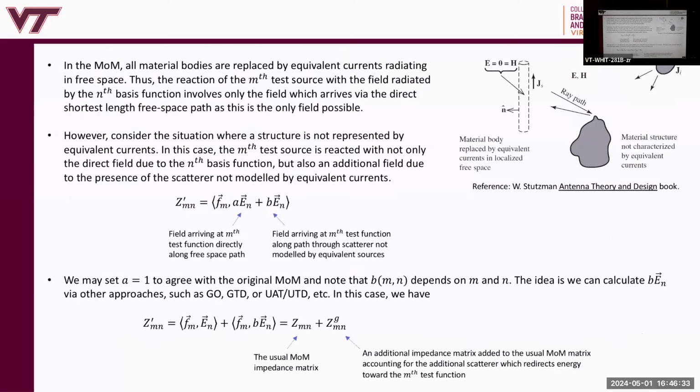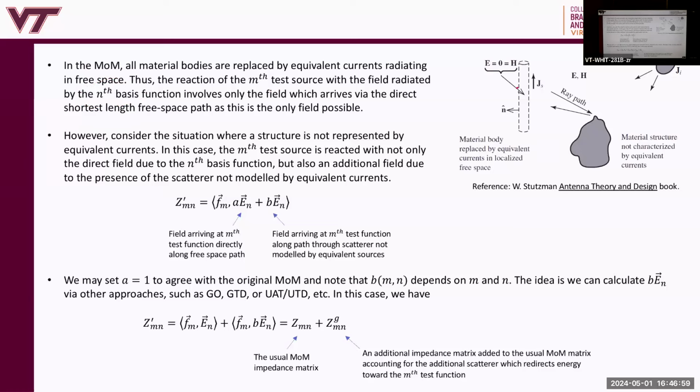In the method of moments, all material bodies are replaced by equivalent currents radiating in free space. We did that for the dielectric using the volume equivalence principle, and for the PEC objects using surface equivalence principles. Thus, the reaction of the mth test source with the field radiated by the nth basis function involves only the field which arrives via the direct shortest length free space path, as this is the only path possible.